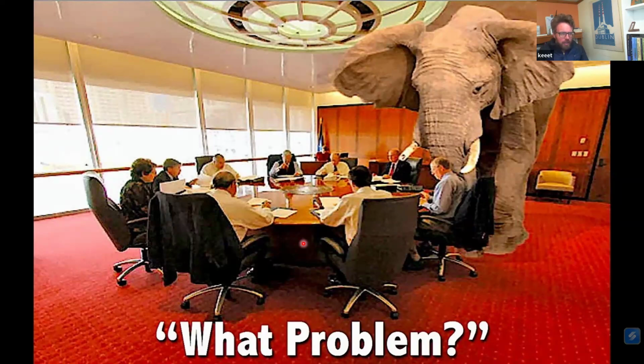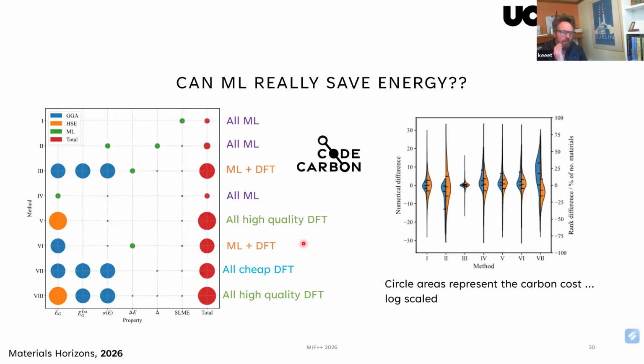So, is it justified to use machine learning if we're trying to discover new clean energy materials? This is something we've been looking at with discovering new photovoltaic materials. We looked at replacing standard density functional theory with machine learning at different levels within a discovery workflow.